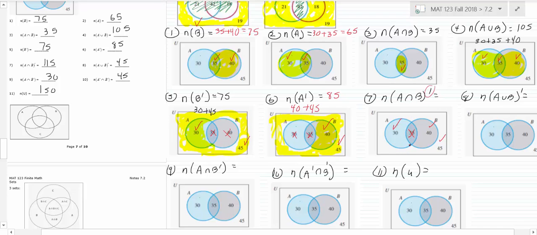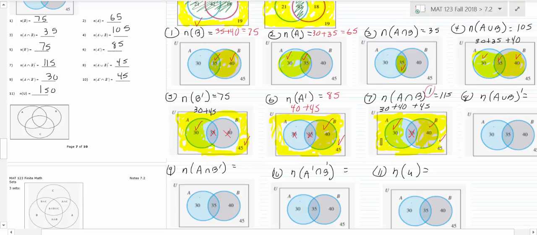On these, I sometimes will put an X by the set and then everything else outside of that. So on this one we just do 30 plus 40 plus 45, so that is 115. That's how we do that. So that would just be the complement of the intersection, those three numbers.